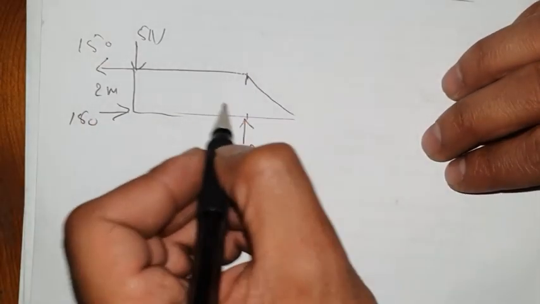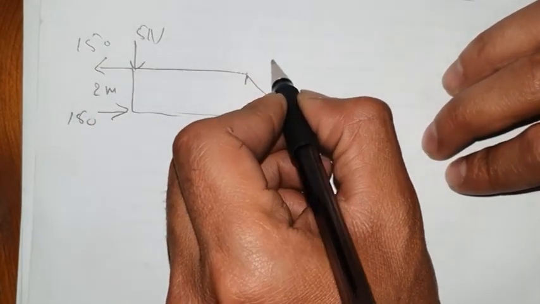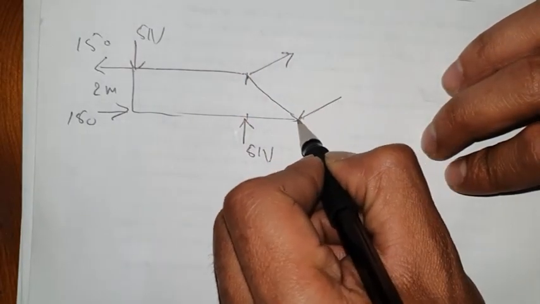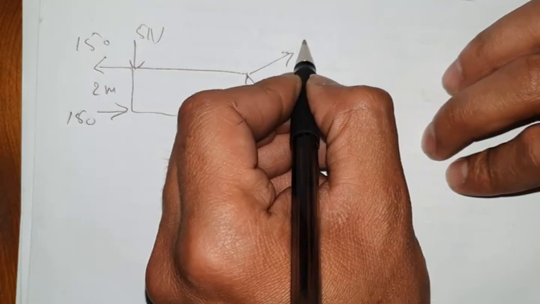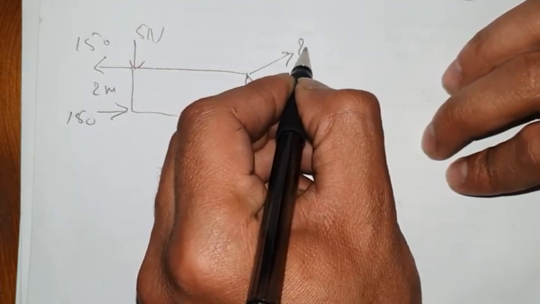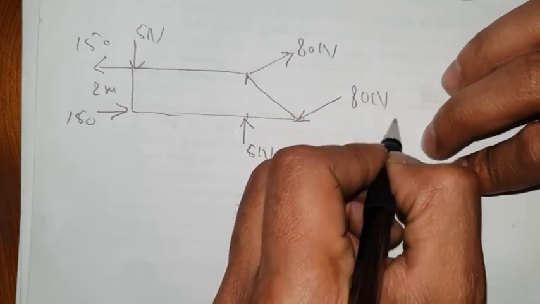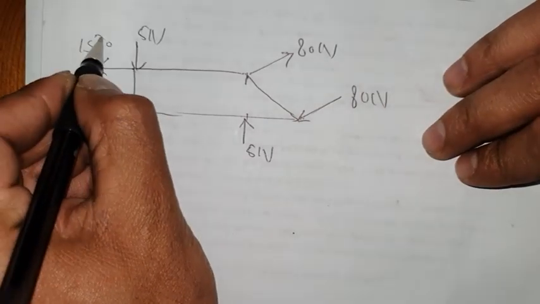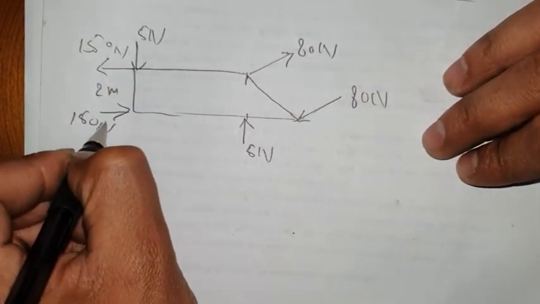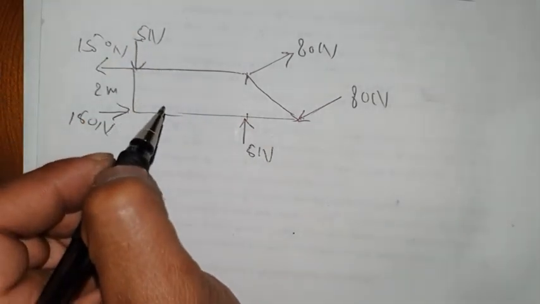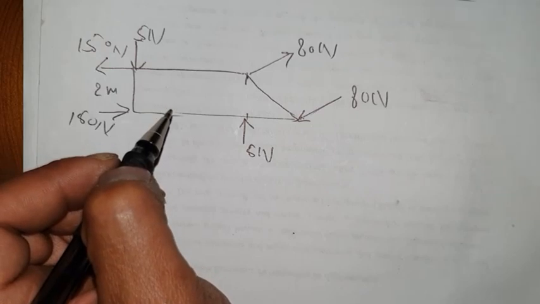And here we have another couple force, one acting in this direction and one acting in this direction. With this one 80 newtons, and this couple is also 80 newtons. So all of them are newtons.